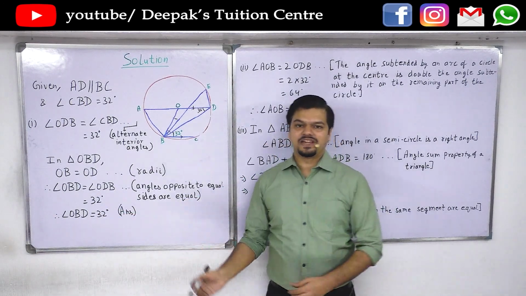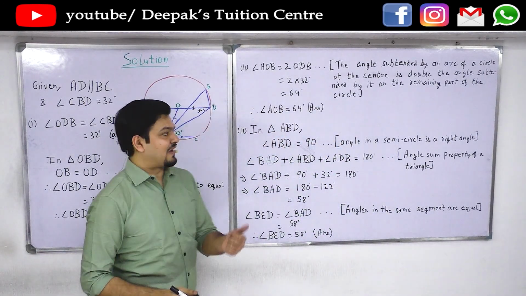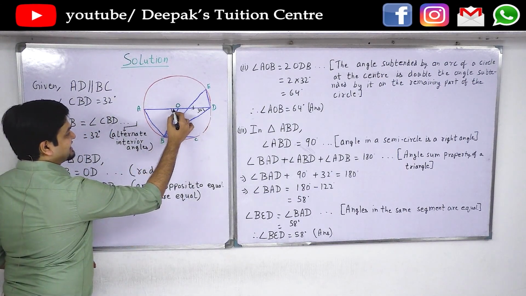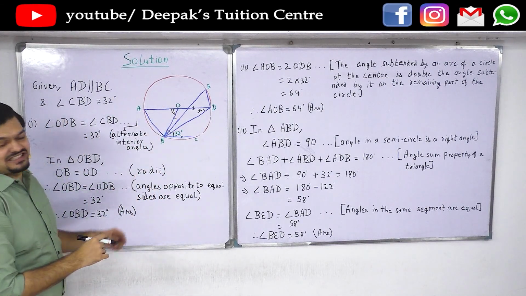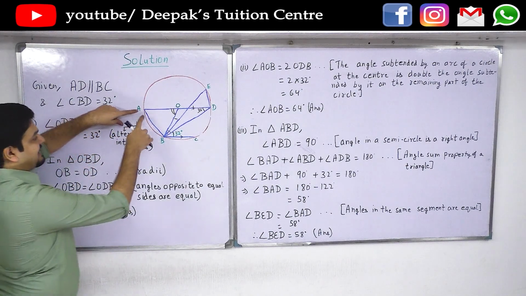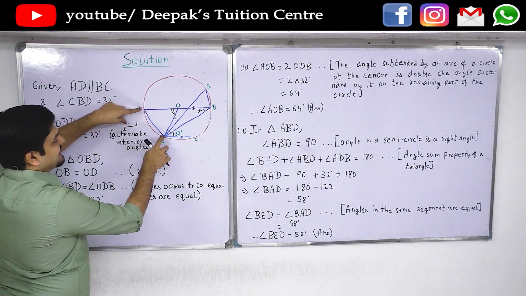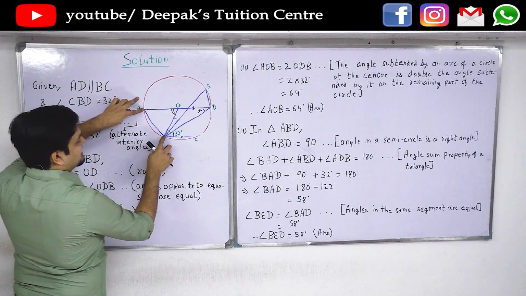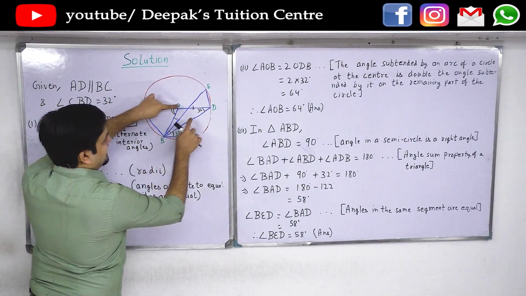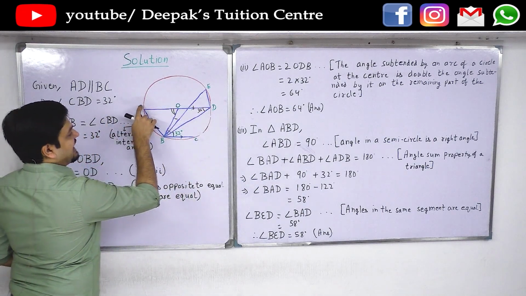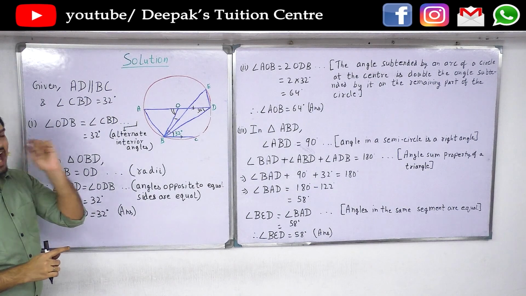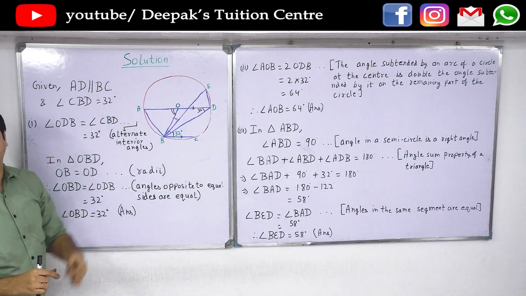I have found it. Now in the second part we are asked to find angle AOB. So you see that this is the angle subtended by the arc at the center and the name of the arc is arc AB. So if I extend my fingers to the circumference, I can see that angle ADB is also formed by this arc. So the angle at the center is twice the angle at the circumference.